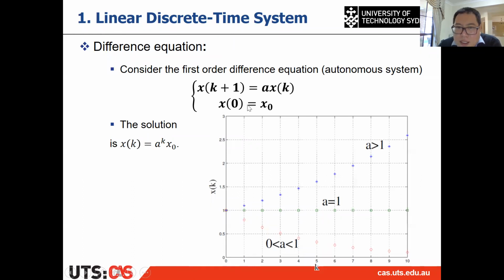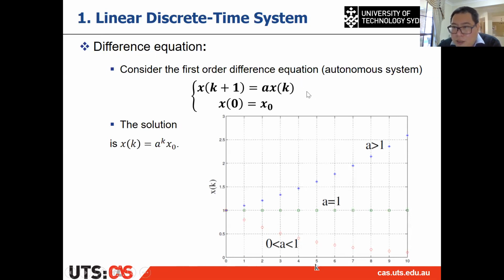So why is it different? Because it is not continuous time anymore. Then we can't calculate the derivative. There's no derivative because it's not continuous, right? And here, the difference equation is that the state in the next time step is a linear equation of the current state, and also a linear equation of the input or the control.